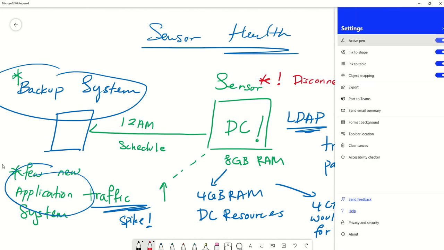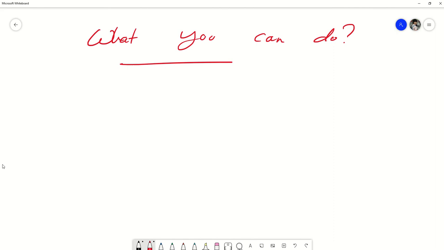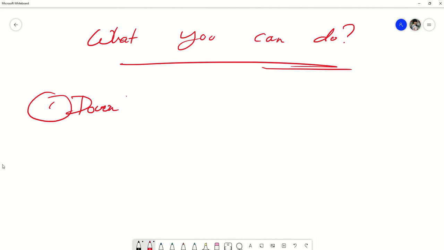So what you can do is, the first thing, download the sizing tool to receive a new recommendation of the hardware resources that need to be increased.